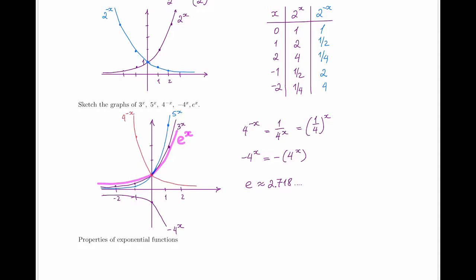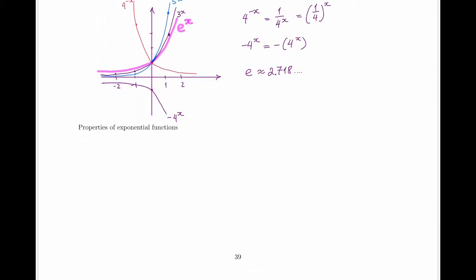Keeping all of this in mind that we've just discovered, let's list some of the properties of exponential functions that we have noticed. Recall that by exponential functions here, I am talking about y equals a to the power x, where the base a is positive. Sometimes the books will describe exponential functions as having constants in front of the power as well. We're going to talk about the most basic exponential function.